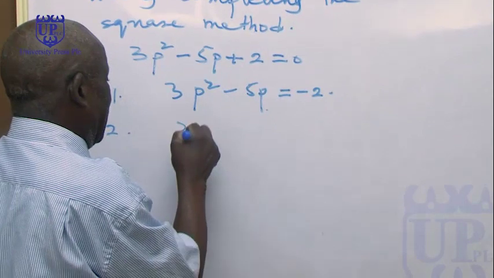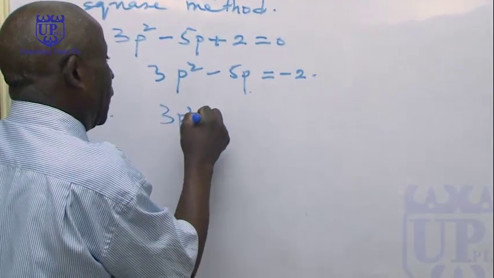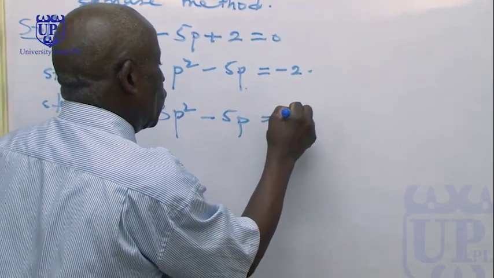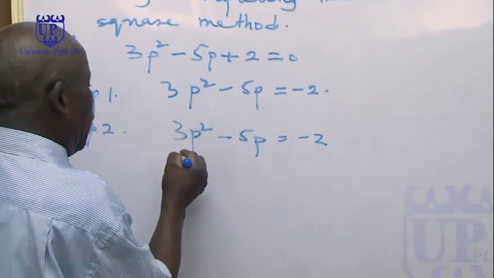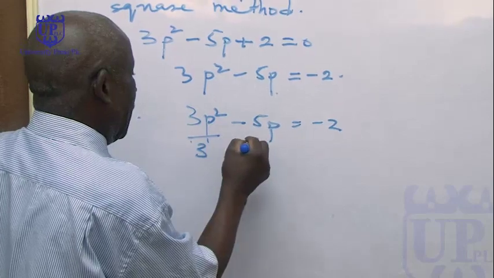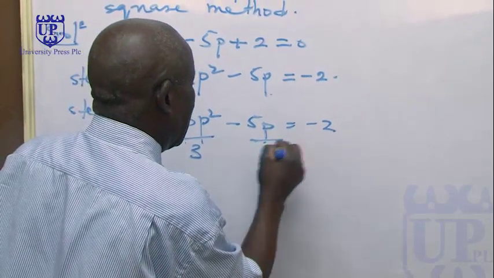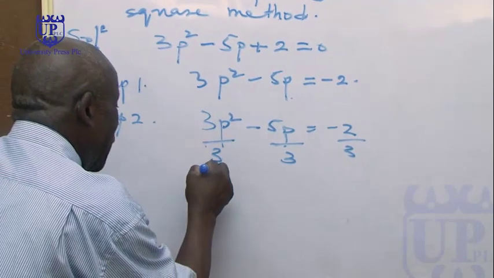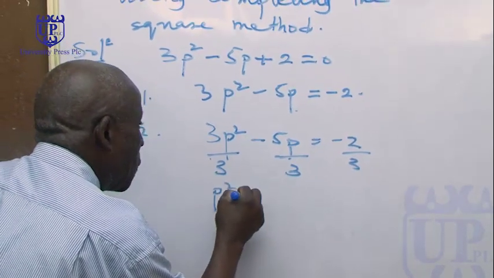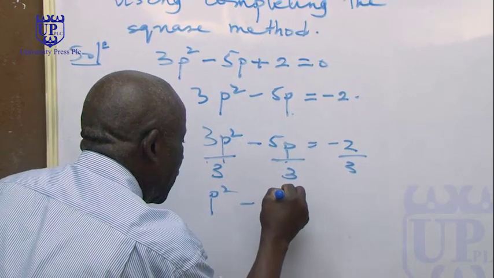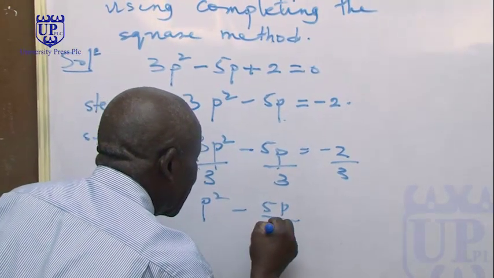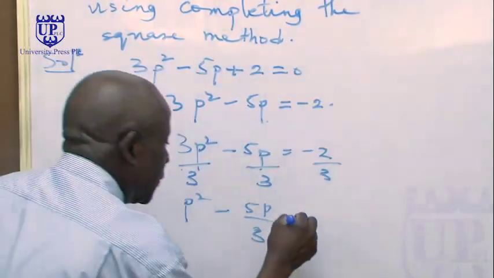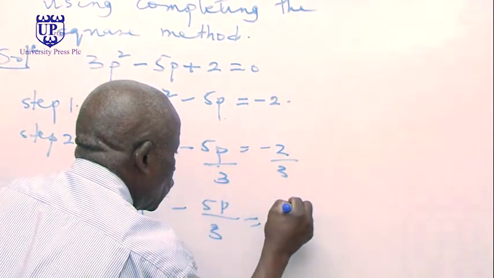3p squared minus 5p equals minus 2. When you divide through, each term will be over 3. That is, we have p raised to power 2 minus 5p over 3 equals minus 2/3.